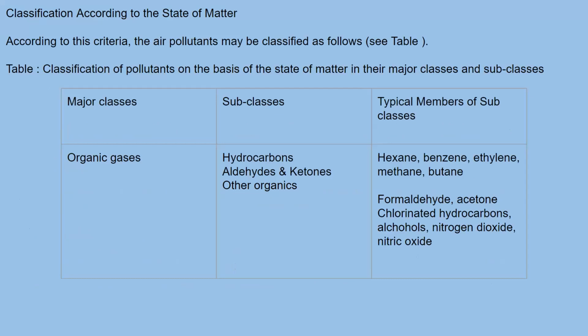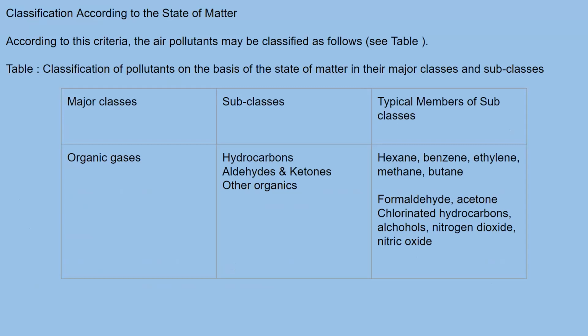Then today we will see the number of pollutants and their classification also. Okay, according to their origin, according to their matter, there are a number of air pollutants present in the air. Okay, classification according to the state of matter. According to this criterion, the air pollutants may be classified as follows.